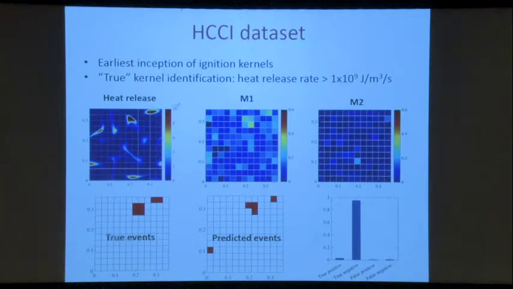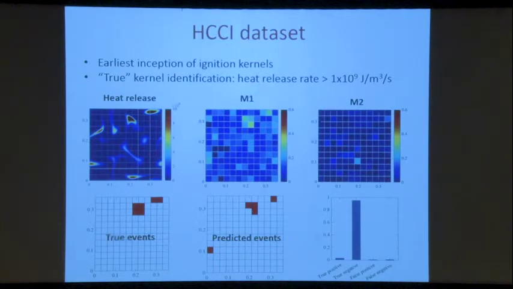You can imagine that this might be a very useful algorithm to include for looking at DDT or engine knock, right? You might want to use something like this to detect incipient formation of knock in an engine. And so the actual true heat release rate shown in these 144 domains is this image on the top left.